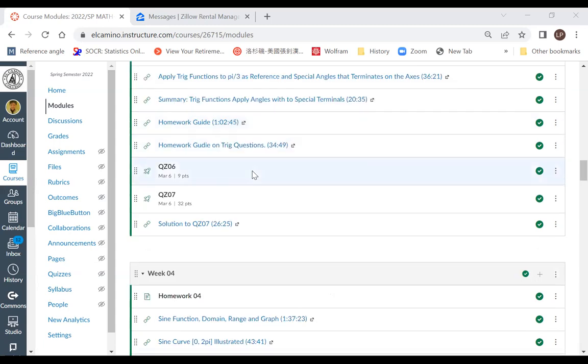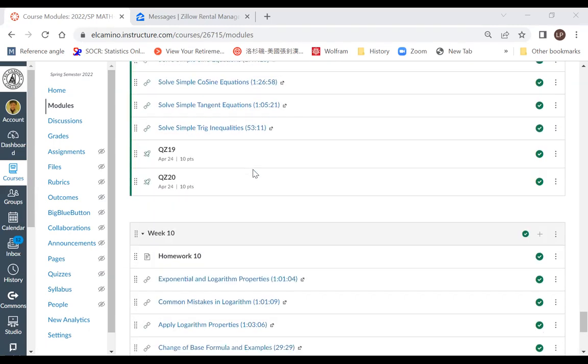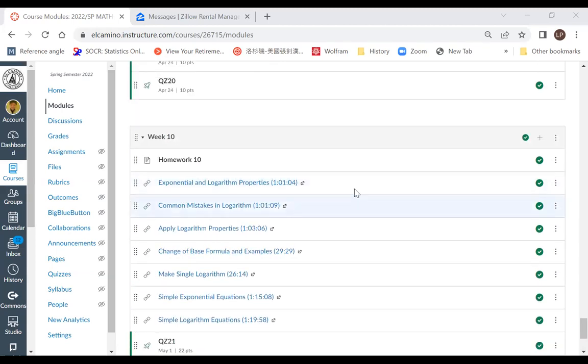And in week number 10, which is this week, you will see that in addition to recapping those properties, we covered exponential and logarithm properties and common mistakes.